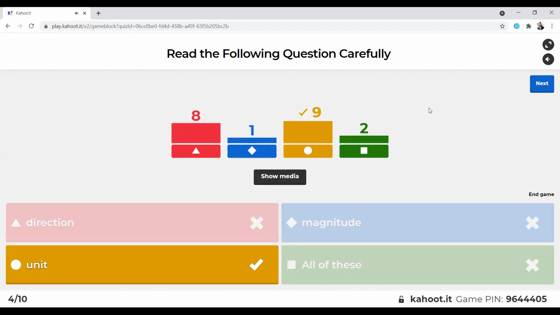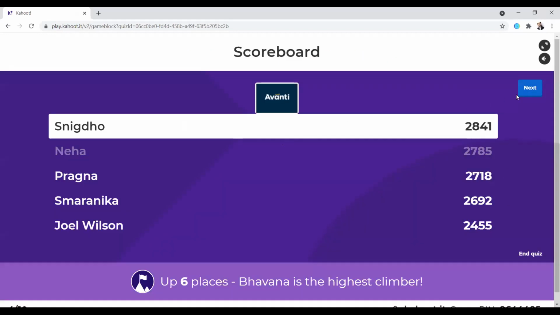Unit vector does not have any specified unit, right? Because it will have its direction and magnitude is one, that is fixed. Unit can be anything.